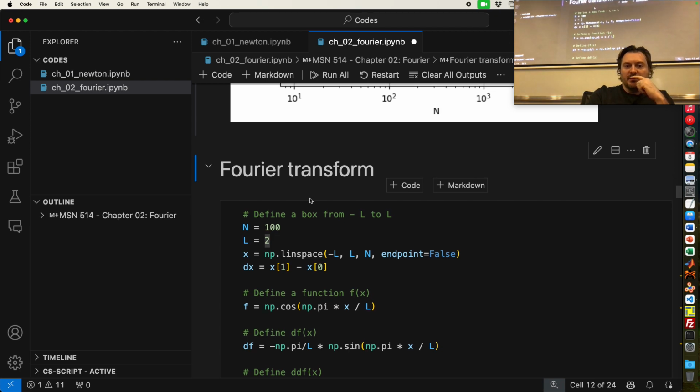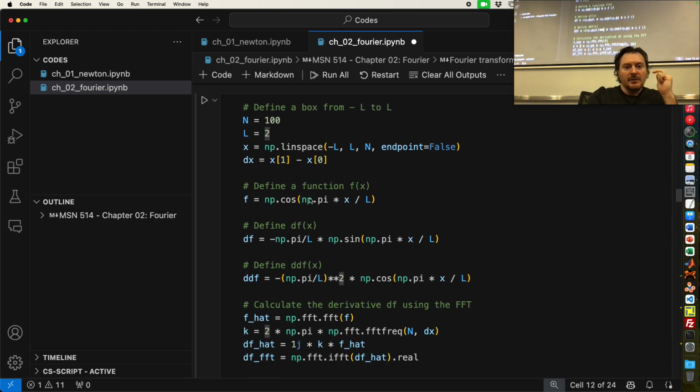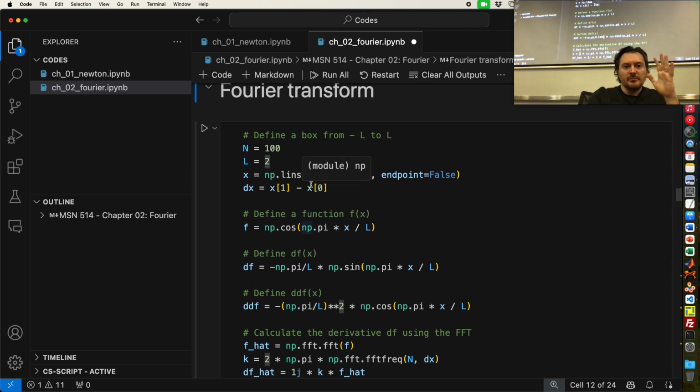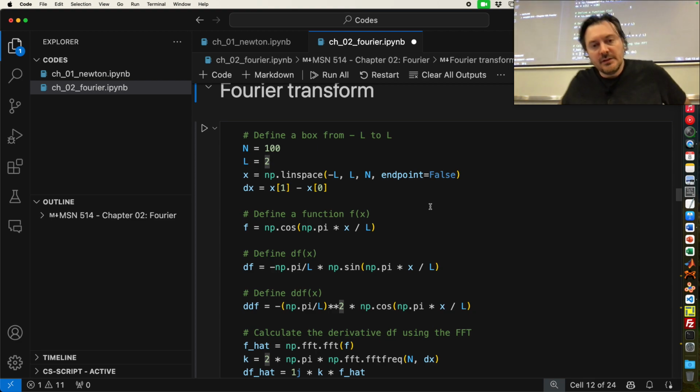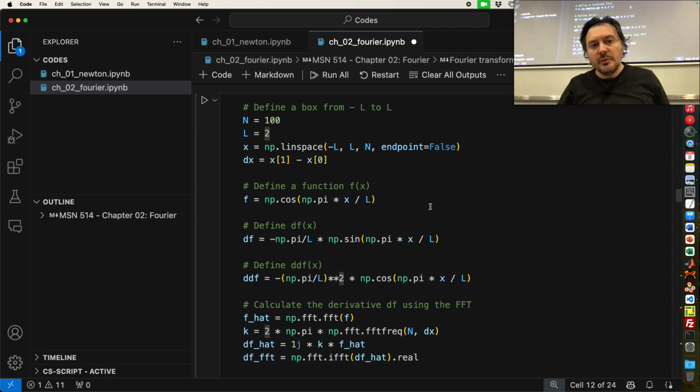All right. So let's talk about Fourier transform. Okay? So far, what did we do? We did finite difference. We used finite difference to find the derivative of a function. Now, we can do the same thing by doing Fourier transform, right?